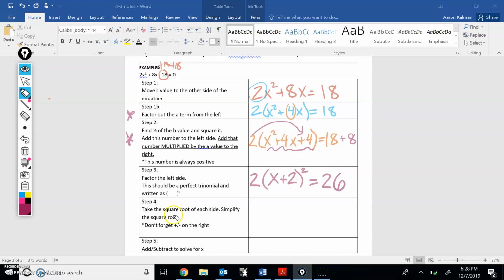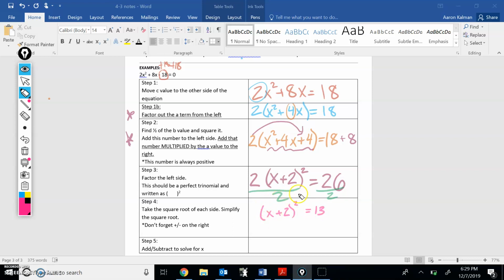Now before we take the square root of each side, we need to get rid of that coefficient of 2. The way we're going to do this is divide both sides by 2. We're left with x plus 2 squared equals 13.